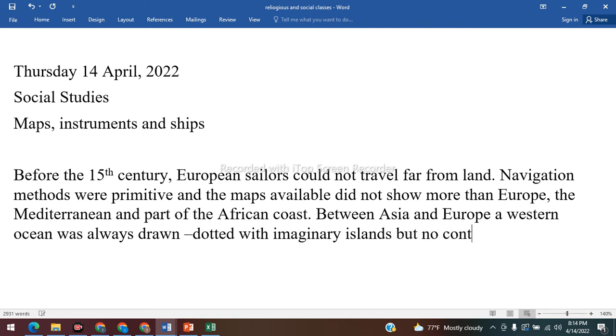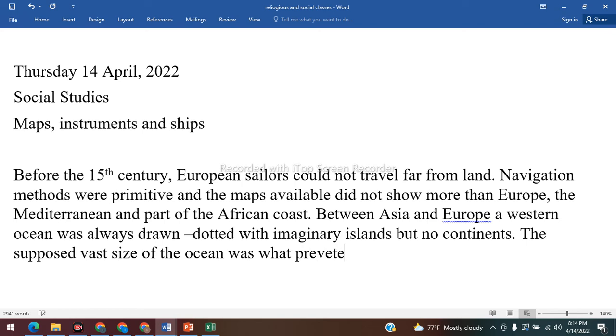They didn't know that these continents exist. The supposed vast size of the ocean was what prevented explorers from tackling a new western route to the east.